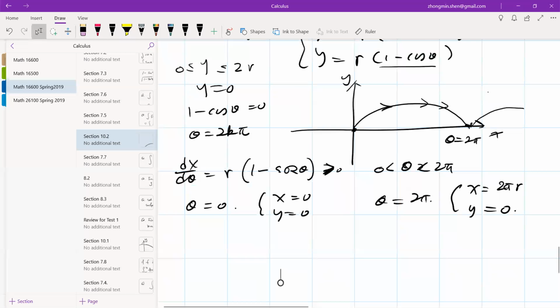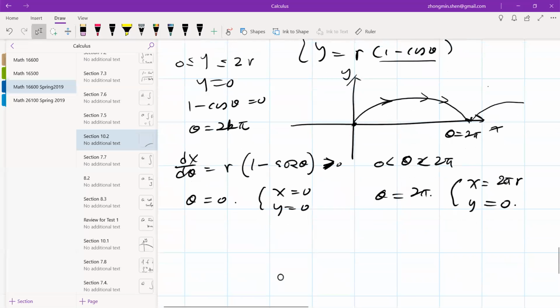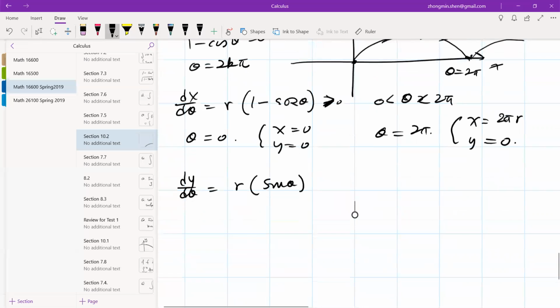You have to find the derivative of y with respect to theta. It's going to be r sine theta, since the derivative of negative cosine theta is sine theta. So now the arc length element is going to be the square root of (dx/d theta) squared plus (dy/d theta) squared, d theta.